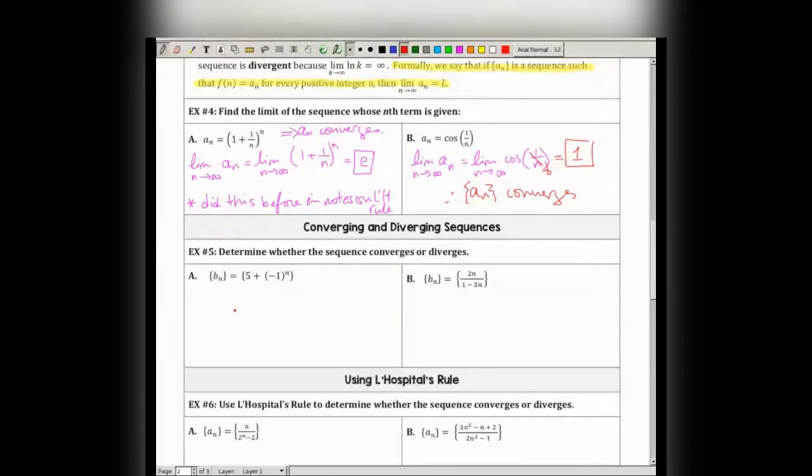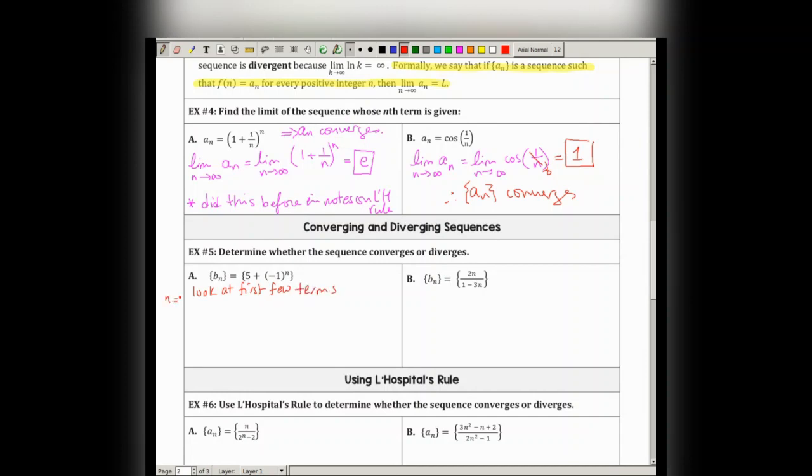Okay, let's take a look at this one. If we take a look at the first few terms, what does it look like? The first term at n is equal to 1. We can graph these too.